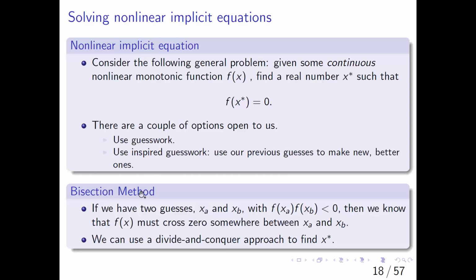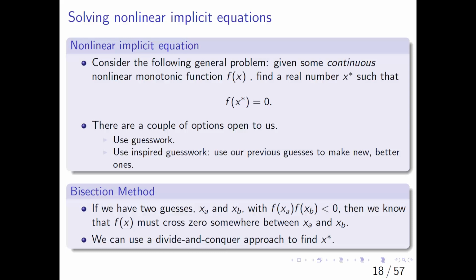This is the most straightforward method to solve a nonlinear implicit equation. Let's say, given this nonlinear implicit equation, we can make two guesses. The first guess is xa, and the second one is xb. The only requirement for a and b is that they satisfy the condition f(xa) times f(xb) is negative.